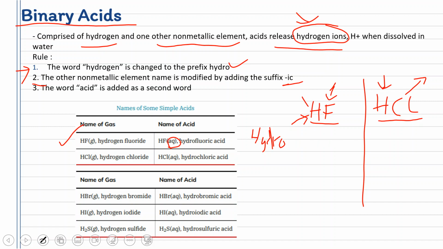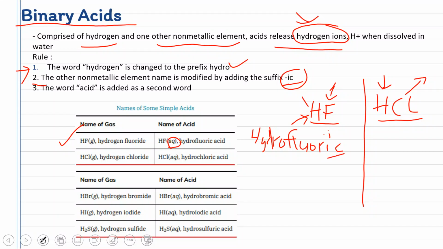So this is fluorine, but I'm going to change its suffix from INE to IC. So fluorine changes to fluoric.